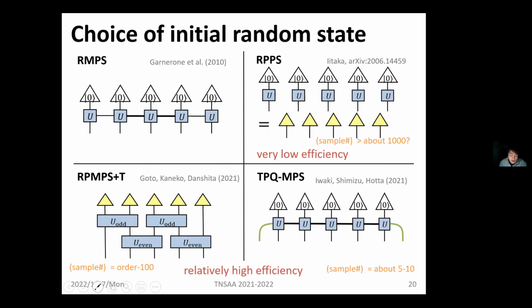The typical MPS is considered to also have relatively high accuracy. We will demonstrate RPMPS plus T and TPQ-MPS, where we include RPPS as TPQ-MPS with bond dimension chi equals 1.